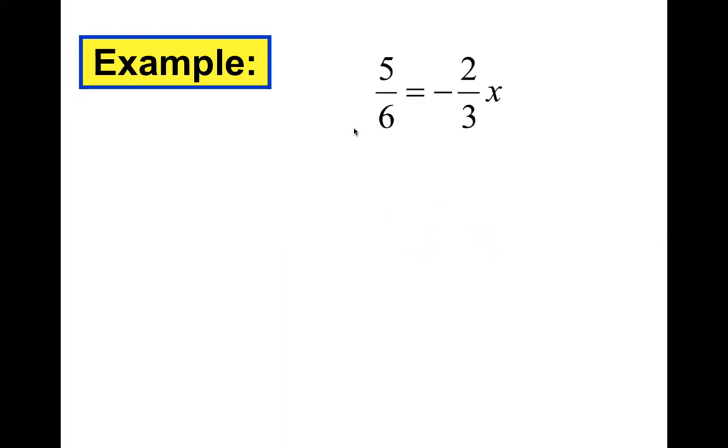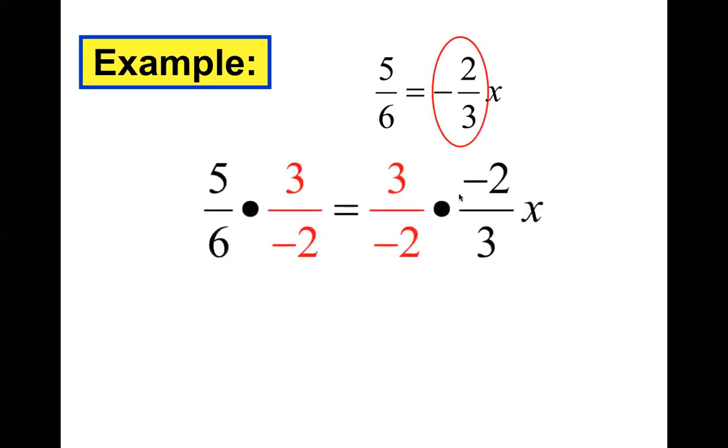Another one very similar to the previous slide, we're given that 5/6 equals -2/3 x. -2/3 is preventing x from being by itself, so just multiply by the reciprocal. That would be -3/2. So -3/2 and -2/3 would cancel one another out, and you're left with x by itself.